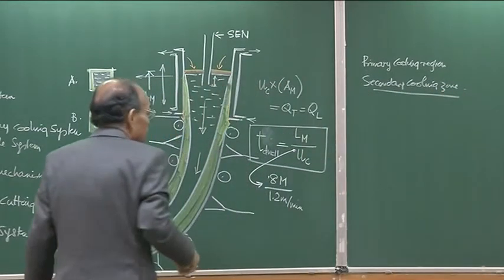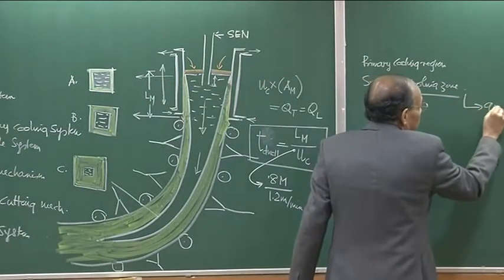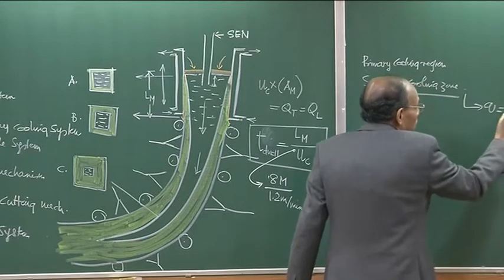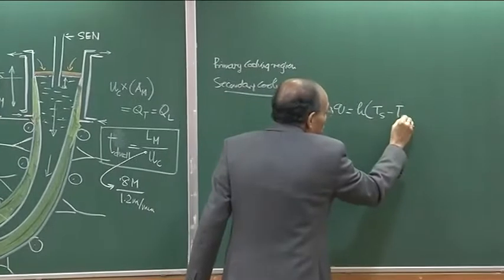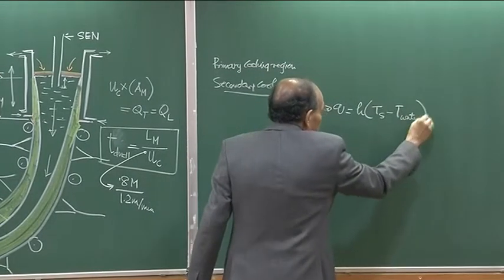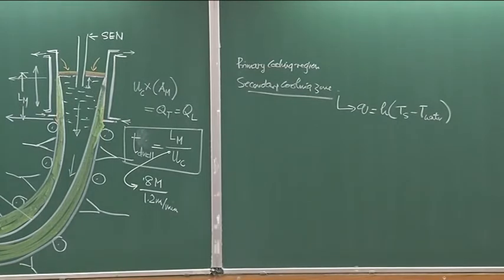And in this spray cooling zone, the heat flux is basically a heat transfer coefficient times T surface minus T water, or the T jet, and the spray heat transfer coefficient is really large.